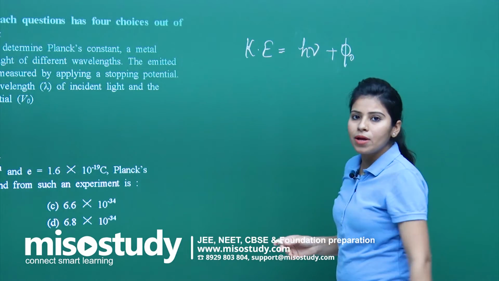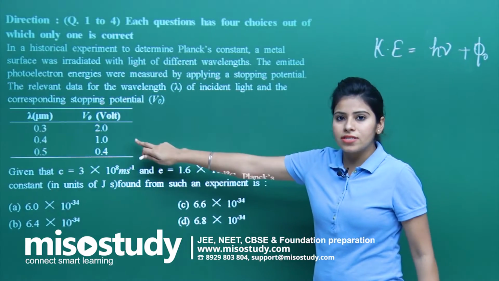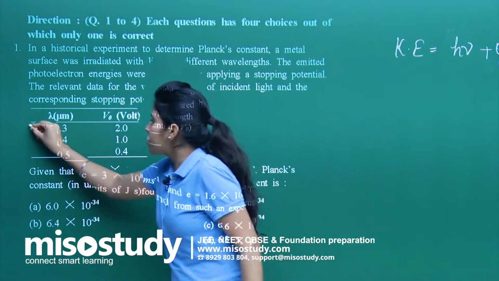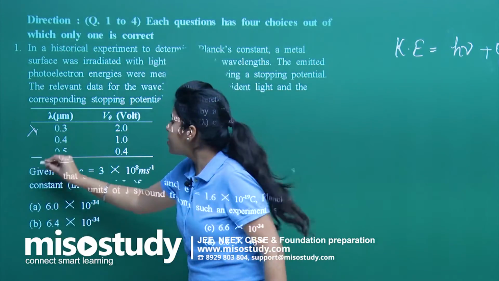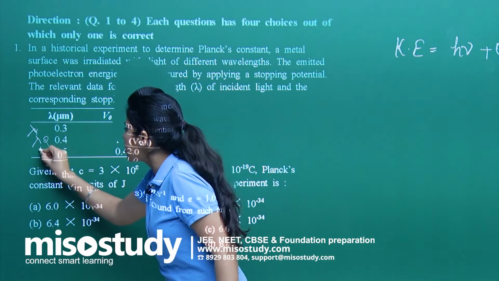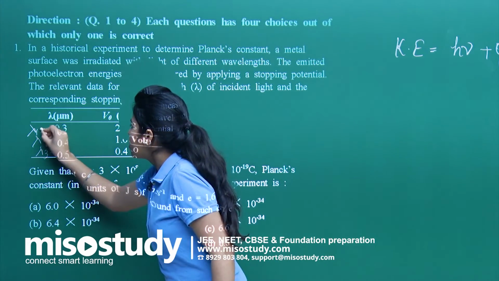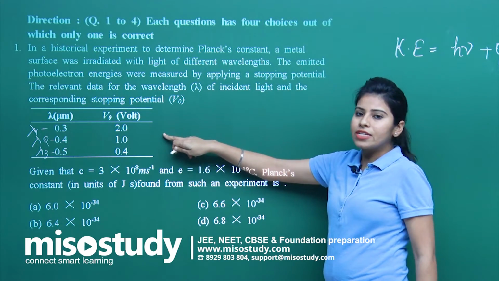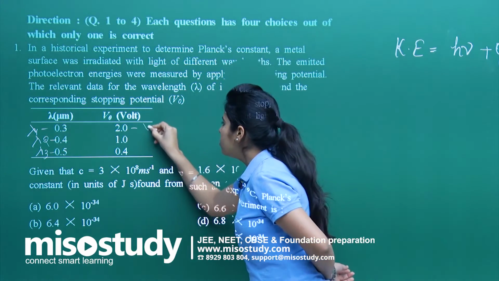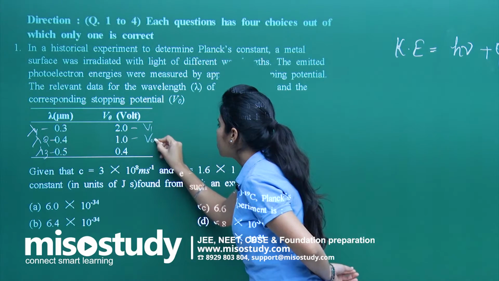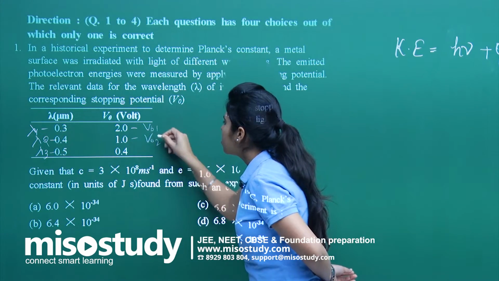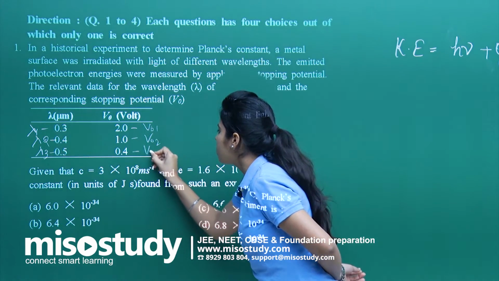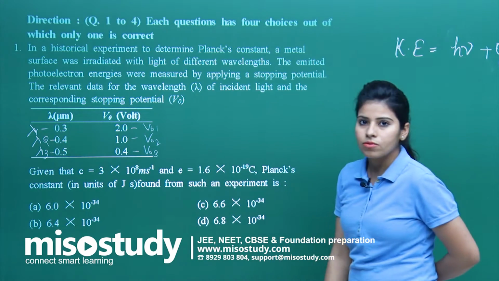Now in this table, let me consider this as lambda 1, this as lambda 2 and this as lambda 3. The corresponding stopping potentials will be V01, V02 and V03.